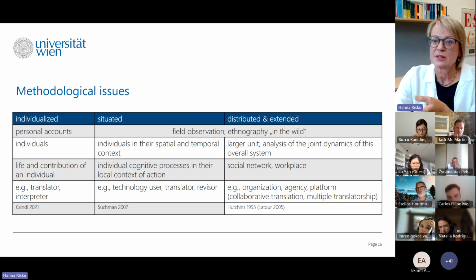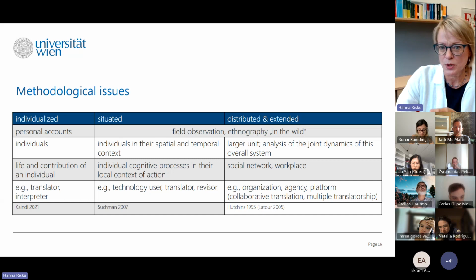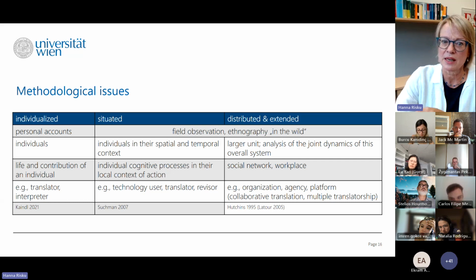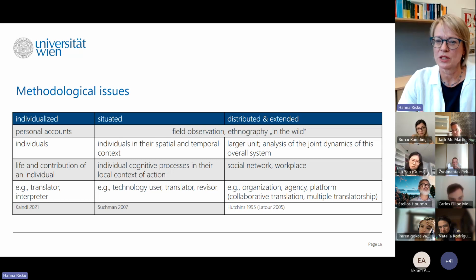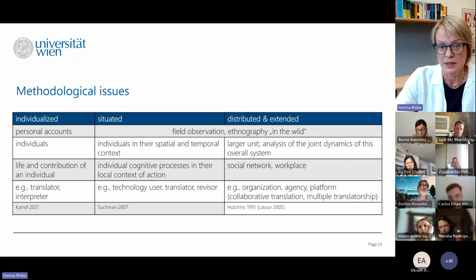And alternatively, one could study a social network, a workplace, a department, an agency, or other larger unit as an empirical setting, and you could analyze the joint dynamics of this overall system. And this would correspond to the distributed extended cognition view, but also to the view of actor network theory by Latour.